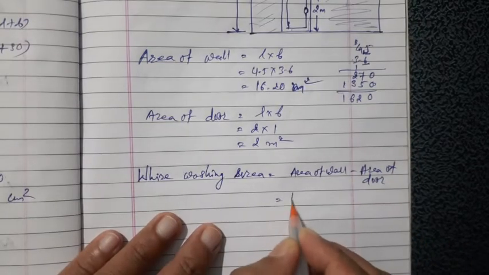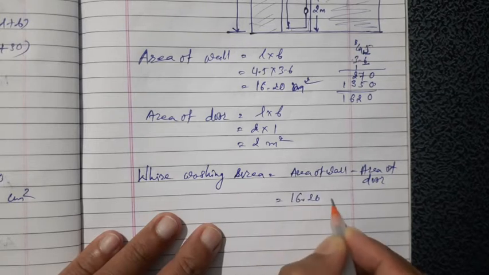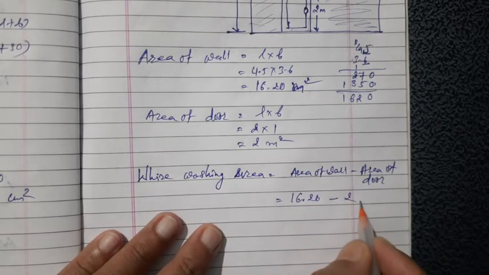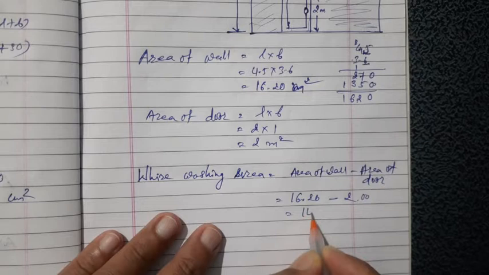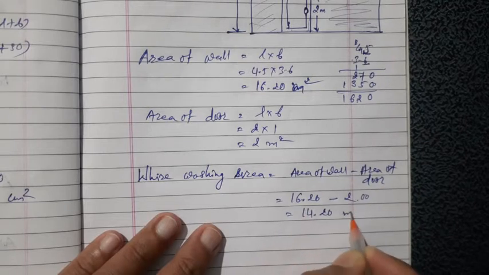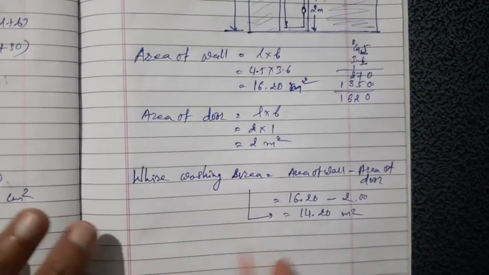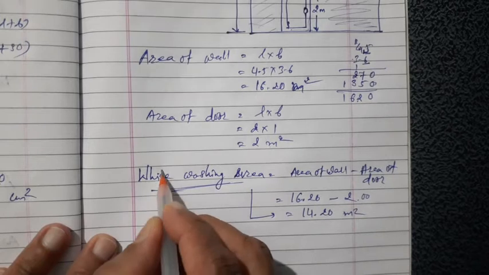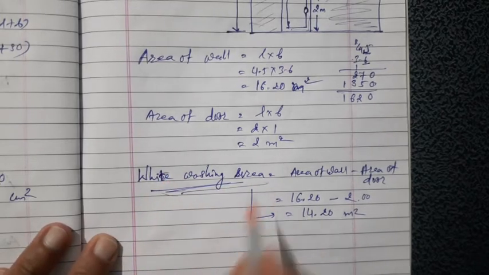That is 16.20 minus 2, 2 means 2.00. So the answer is 14.20 meter square. That is the total whitewashing area.